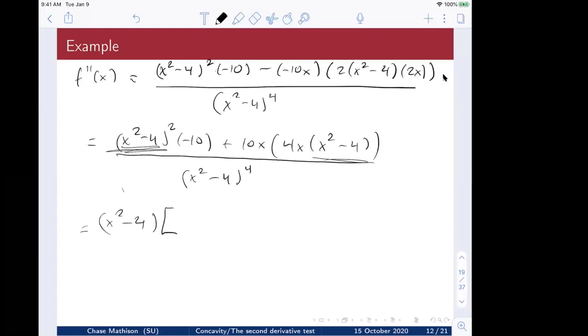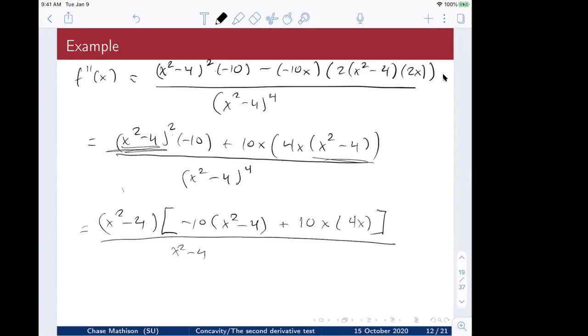When I factor that out, I'm going to be left with negative 10 times x squared minus 4, because this was squared, so I have one of them left, plus 10x times 4x, divided by (x squared minus 4) to the 4th. So now that the whole top is being multiplied by this, I can cancel that with one of these.